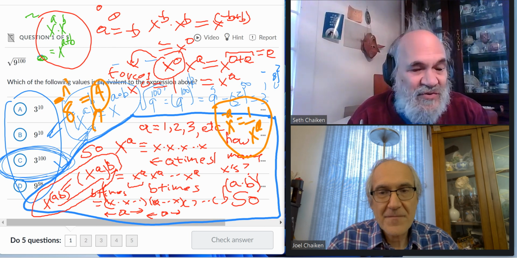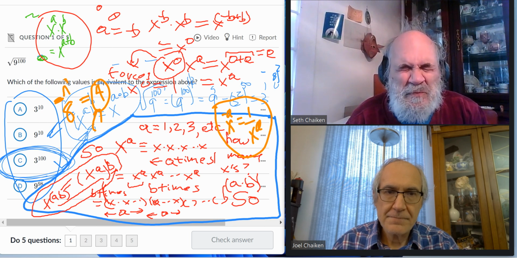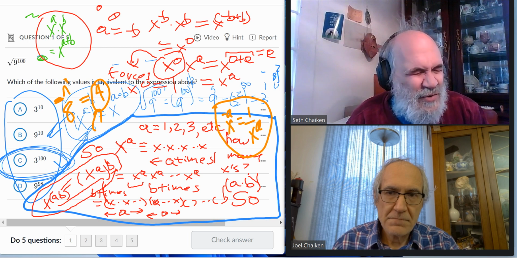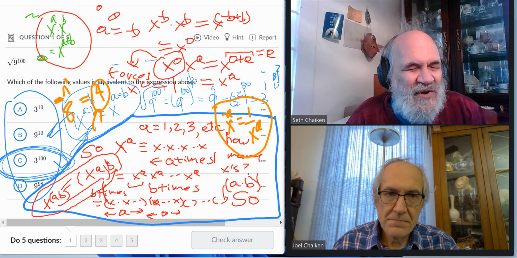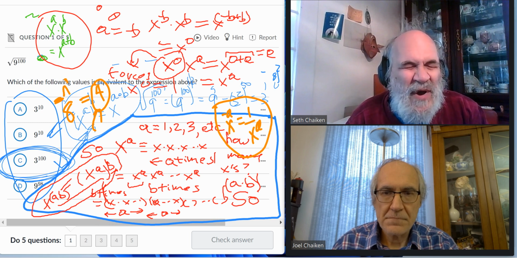So what I wanted to tell people to take away is that an excellent way to remember these rules for exponentiation is to use the rules that come out obviously when the exponents are counting numbers.